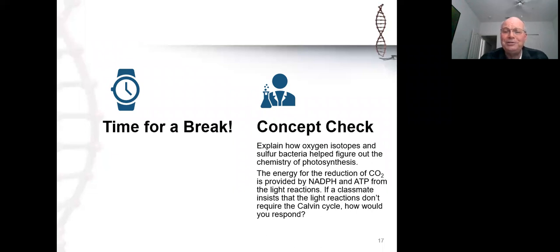If your classmate says that the Calvin cycle is not necessary for the light reactions to occur, how would you respond? Well, what you could point out is that the light reactions require a source of NADP+, ADP and Pi in order to be able to continue to make NADPH and ATP. And those are only produced as a result of the Calvin cycle.